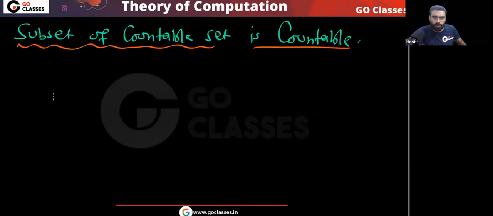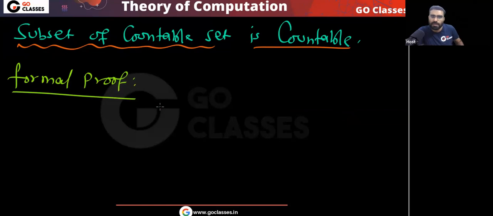But if you want a formal proof, like someone asks you what is the formal proof, then the formal proof is very simple. Because there exists an injection.